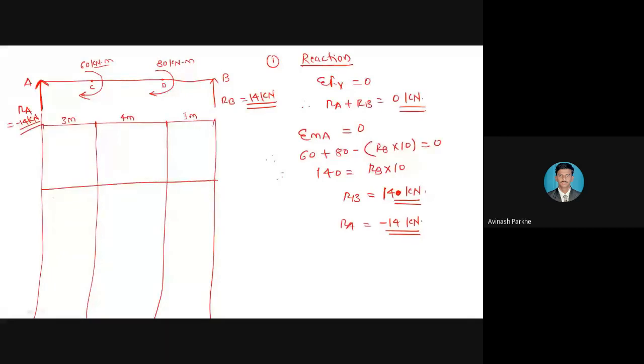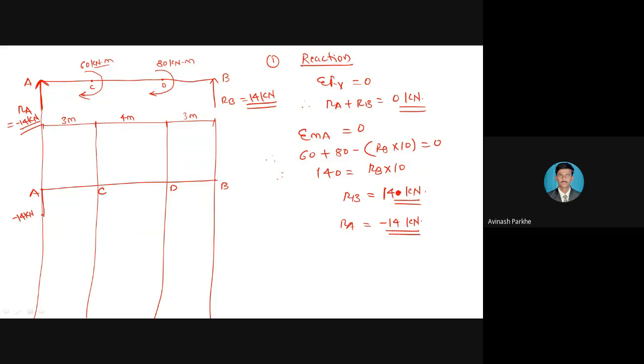This is point A, C, D, and point B. Shear force at point A without load 0. Shear force at point A with load minus 14 kilonewton. You can see minus 14 will come on the lower side of the figure.